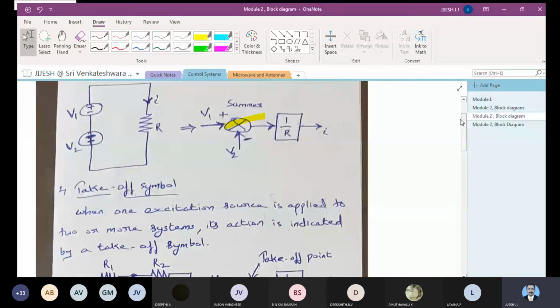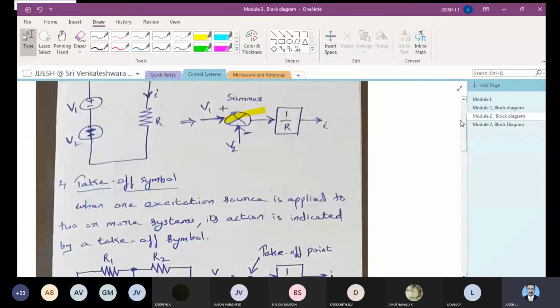So if we have completed that diagram, we will move on to the takeoff symbol. So in takeoff symbol, that is what this is, another one. When one excitation source is applied to two or more systems, its action is indicated by the takeoff symbol. So that is what you can see here.